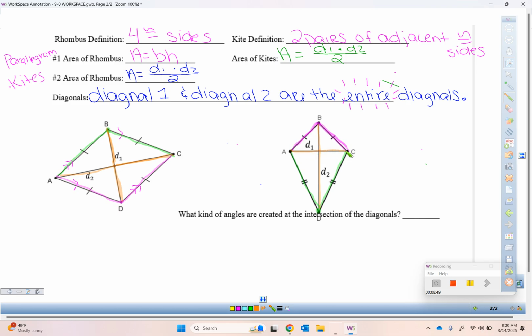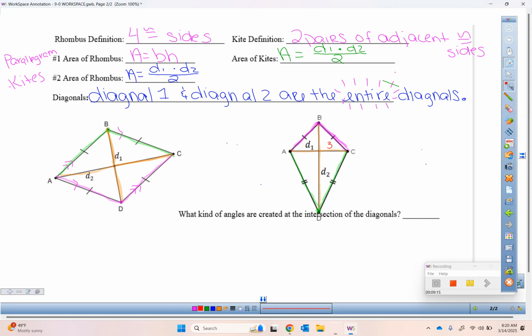When we do our stations in a little bit, if you see something like a kite that gives you a unit, like a 3 here, we know that this side is also going to be 3, and we need to know the whole diagonal. So the whole diagonal would actually be what? 6, right? Okay, very good.